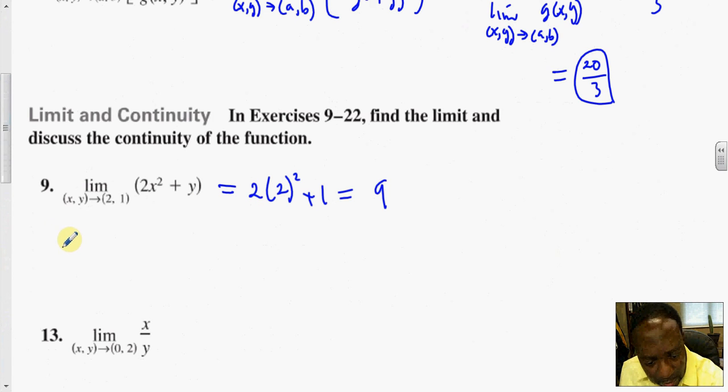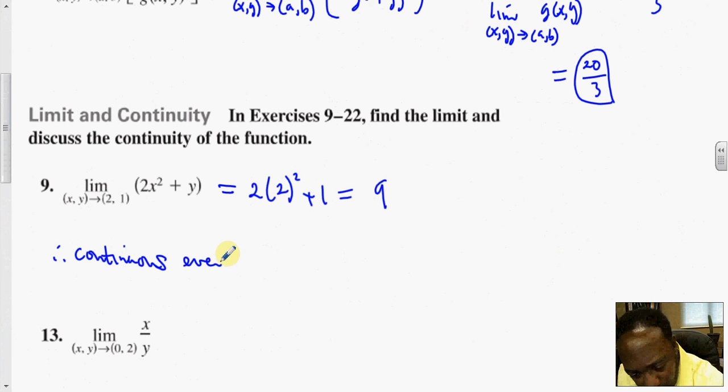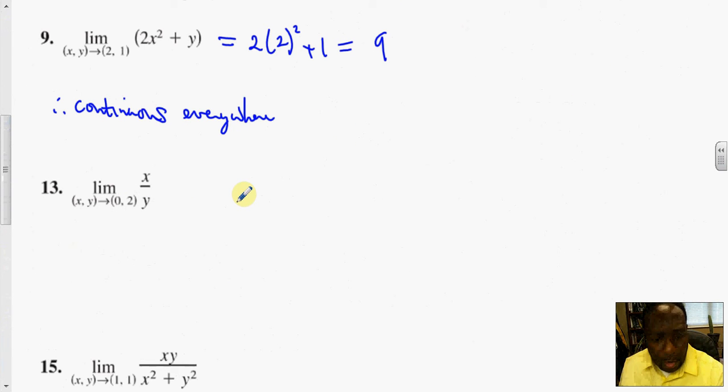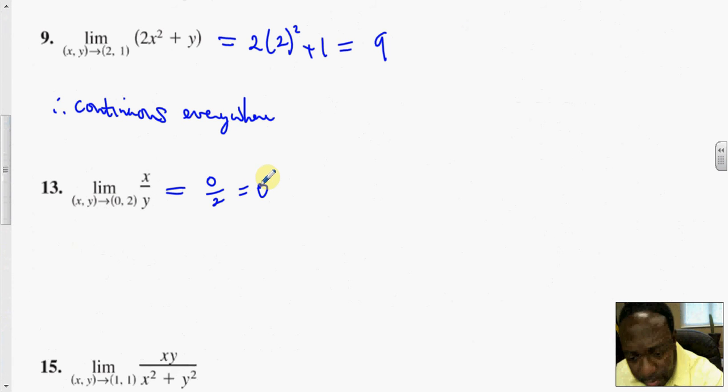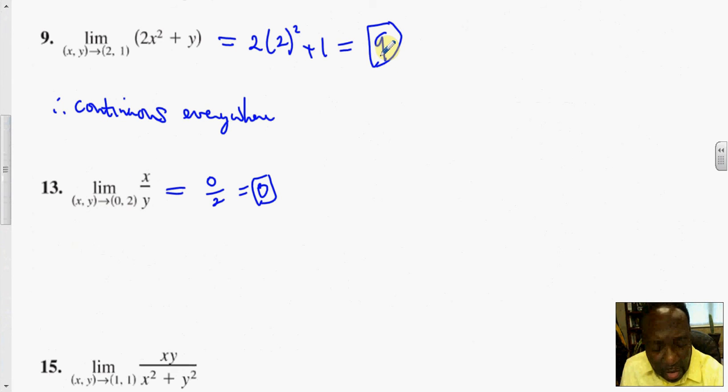Here, this function is continuous everywhere. This limit can be plugged in because x approaches 0 and y approaches 2, so we get 0 divided by 2. That gives us 0. Now, in terms of the continuity, this function is continuous everywhere except where y is equal to 0.